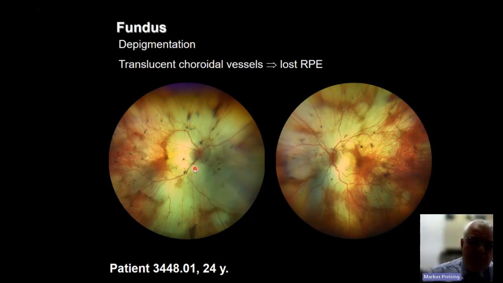The fundus has some remnants of pigmentation, and the size of these pigmentations versus the size of the depigmented areas gives you a good overview of how far advanced the disease is.